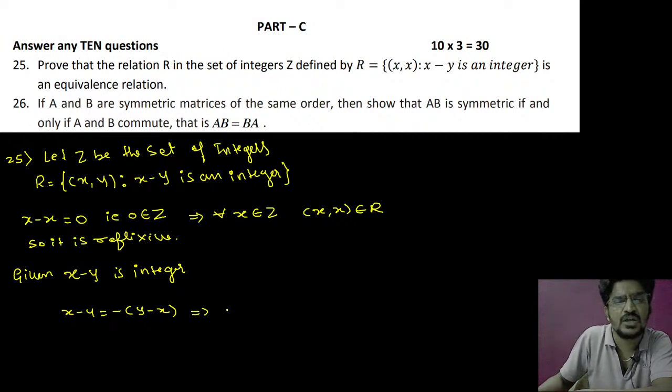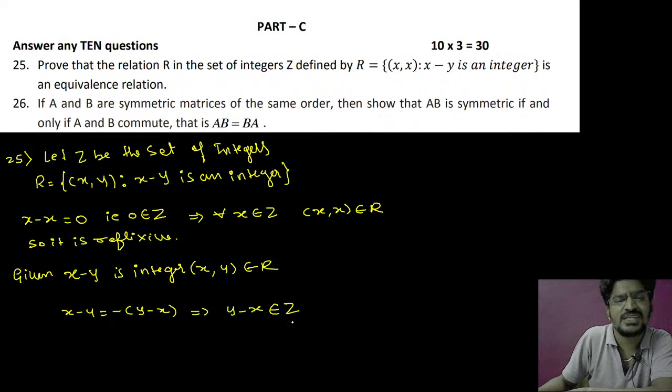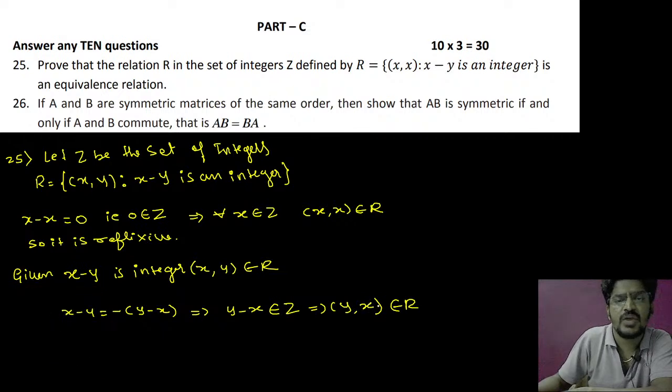That implies y minus x also belongs to the integers, because it is equal to minus of x minus y. So x minus y is an integer means (x, y) belongs to R. In the same way, y minus x belongs to the integers means (y, x) belongs to R. Therefore it is symmetric. Clear?